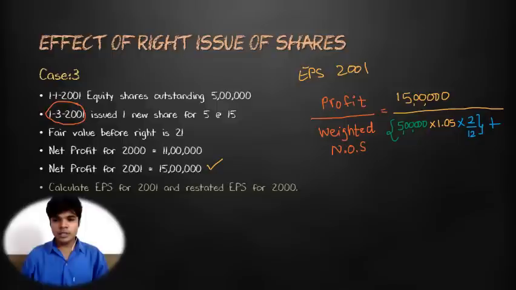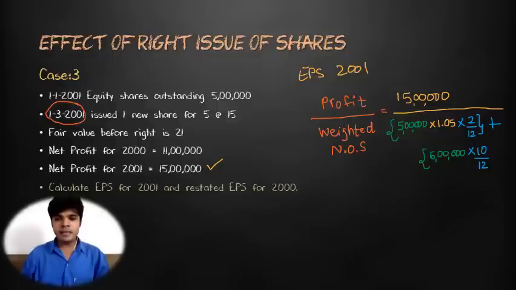And for another share it is 6 lakh shares. Now why 6 lakh? Because 5 lakh shares were outstanding plus 1 lakh shares of rights issue into what will be the time factor for this? From 3rd month to 12th month. So this is going to be total 10 months for this.